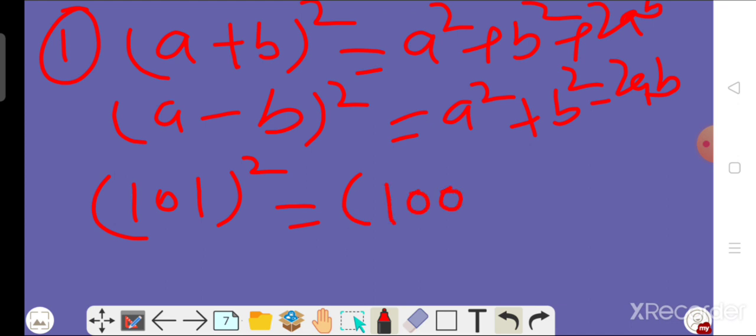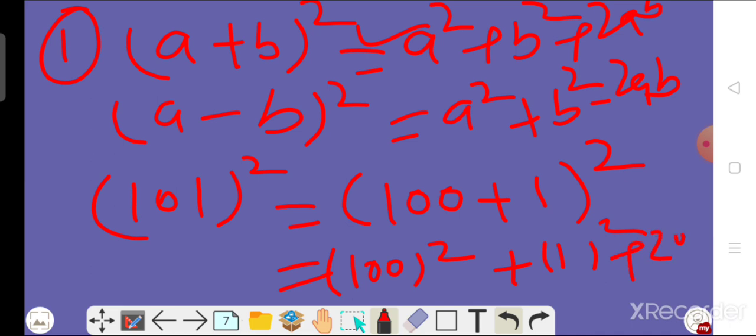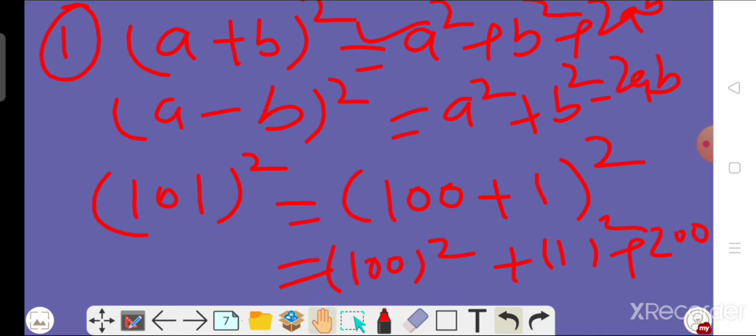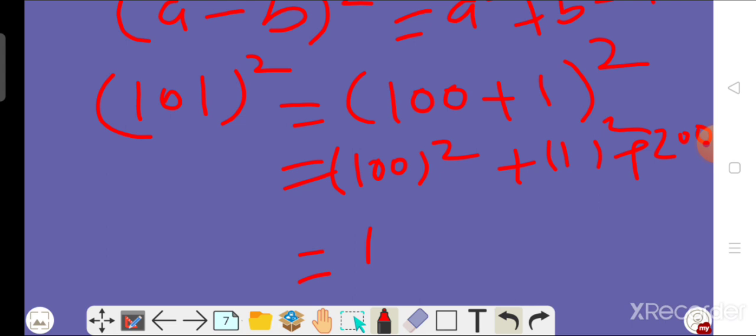You have to write 101 as (100 plus 1) whole square, and then apply this identity. This becomes 100 square plus 1 square plus 200, so the square of 101 is equal to 10,000 plus 201, that is 10201. So this is the square of 101.